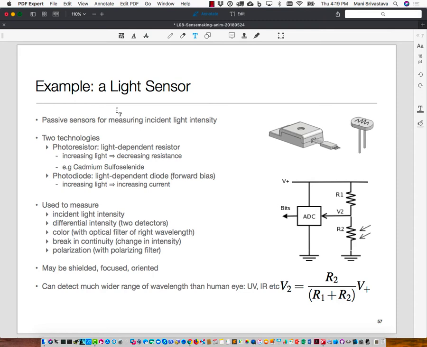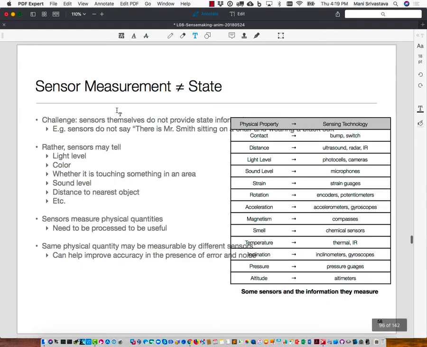Now, the reason intensity of light may be of interest is, maybe I'm trying to infer whether the person is indoor or outdoor, or maybe, because I'm the one shining the light and looking at the bounce-back light, how far away the robot is from a wall. So the same sensor under different conditions may be providing information about different states of interest. And then within this umbrella of light sensor, there are also different wavelengths that it might be tuned to, directionality, all those kinds of things that come into play.